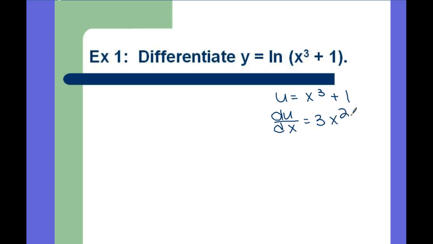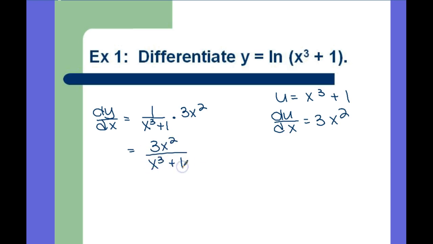So the derivative of y in terms of this is dy/dx equals 1 over u, which is x cubed plus 1, times the derivative of u, which is 3x squared. So the derivative is 3x squared all over x cubed plus 1. And you're done.